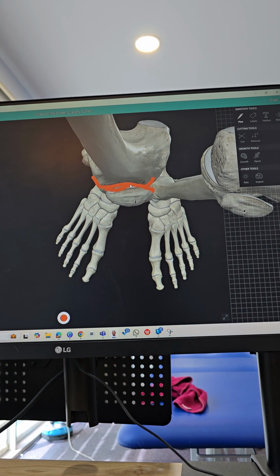Question is, how are you assessing the ability of this particular structure to glide along this groove as it goes into further bending, and how accurate are you finding some of the structures?